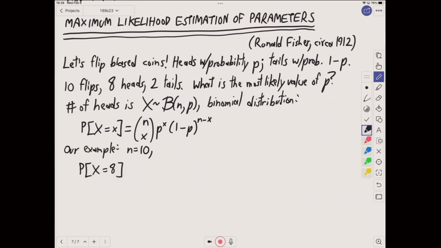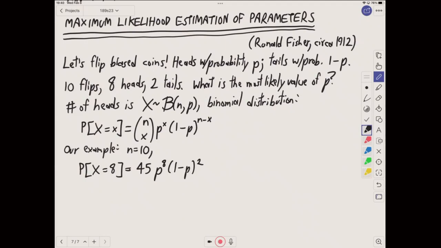The probability that we are going to get exactly 8 heads, well, if you work that out, it comes out to 45 times p to the 8th power times 1 minus p squared. Now again, I want to know what value of p is most likely to give me 8 heads, or in other words, what value of p makes this probability highest.